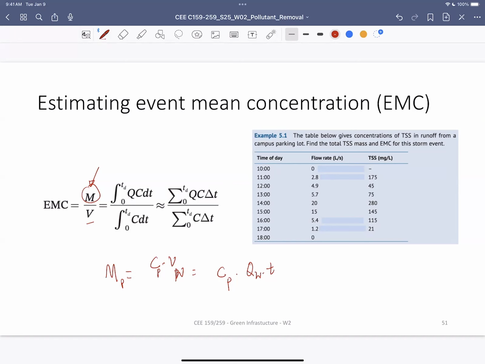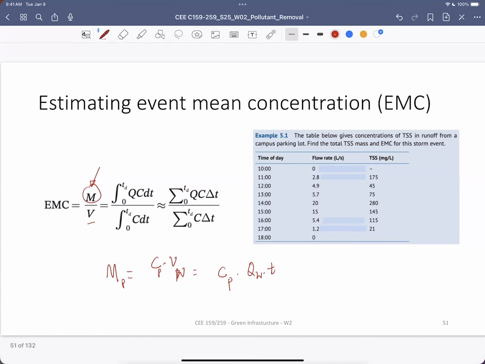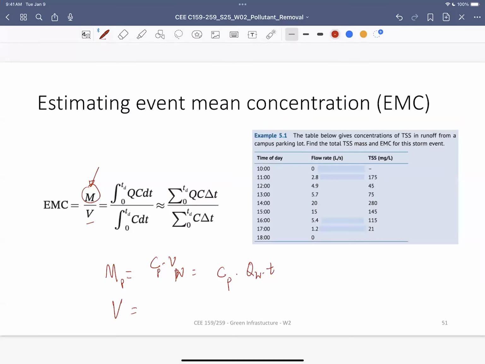If you take samples at different times, for different fractions, you can get this value. And then you can calculate the total volume of water.